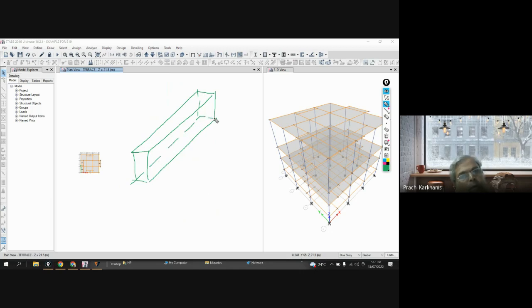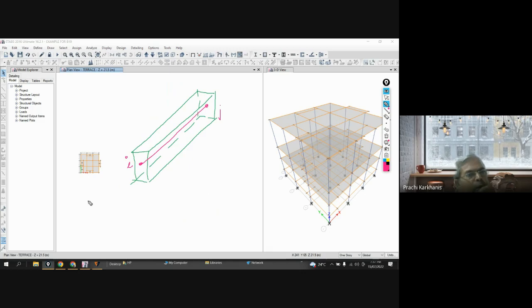So this is the actual beam. This is a physical beam, and this physical beam is represented by one line. So this is the CG of this cross section, and this is the CG of this cross section. I will say that this is I end, and this is J end. And actually, what I have done, I have drawn a beam from this point to this point.